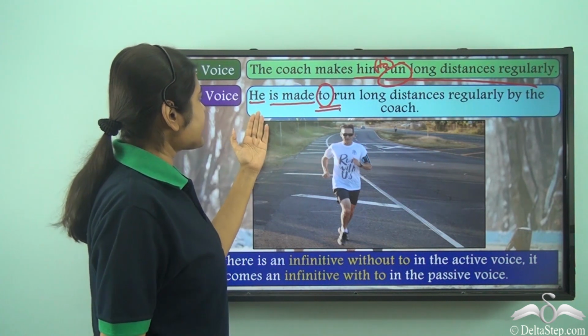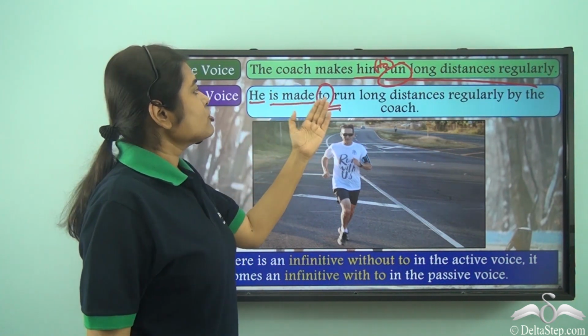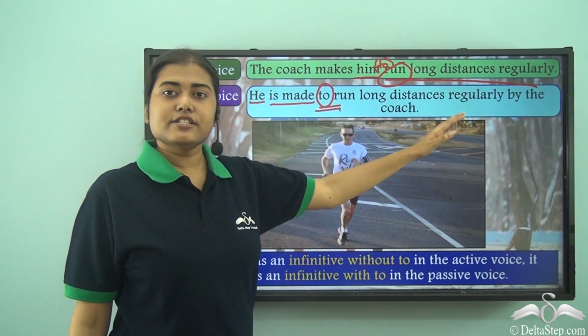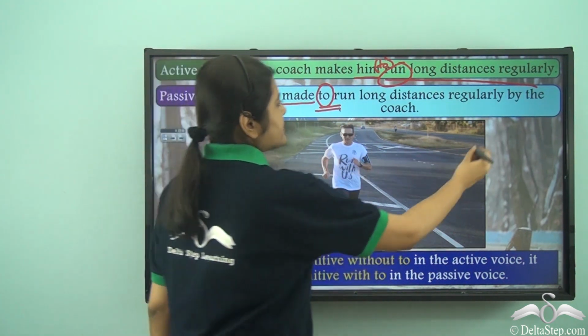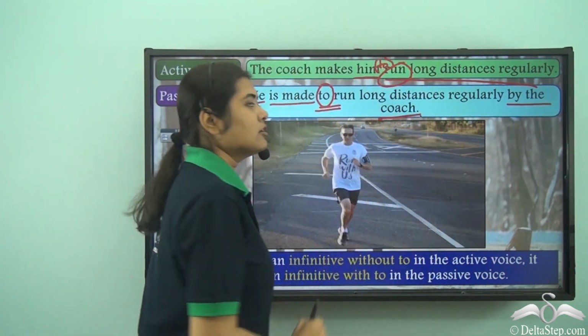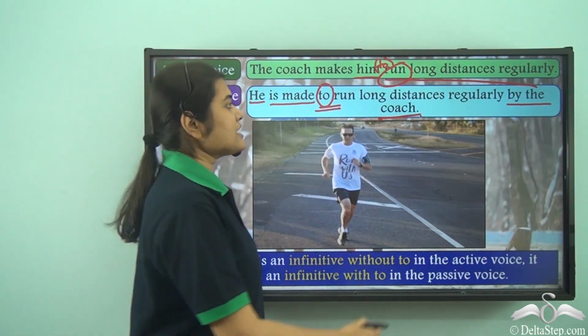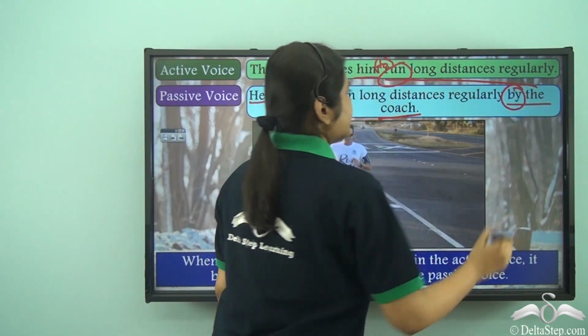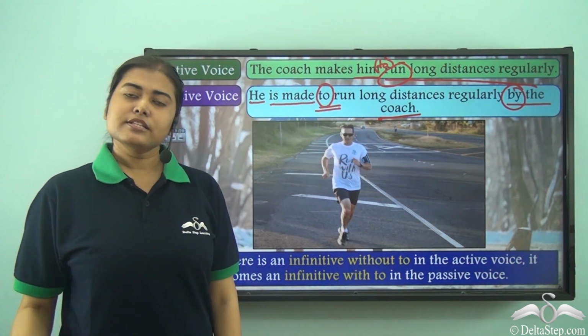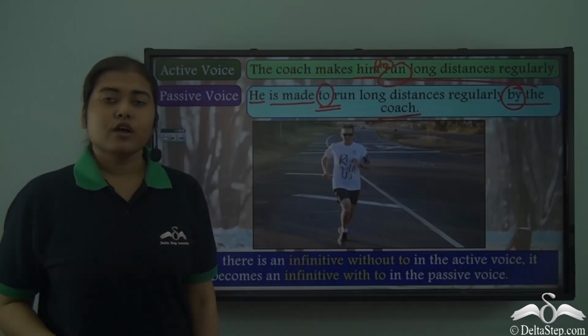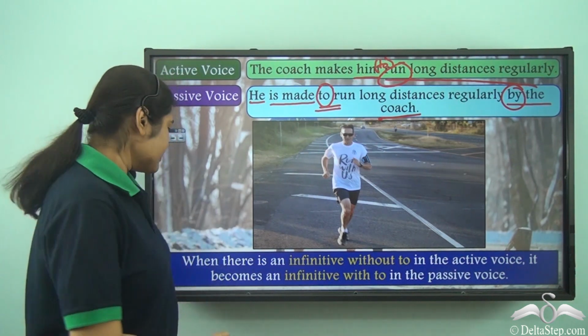So our sentence becomes, he is made to run long distances regularly, and after that we mention the doer, that is the coach, and for that we also know that we need a preposition just before the doer. So what do we learn from here?